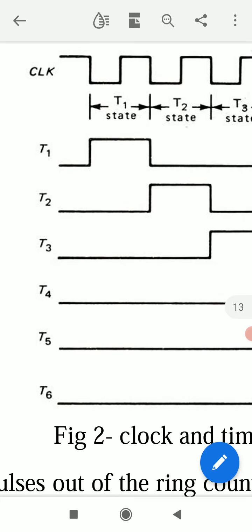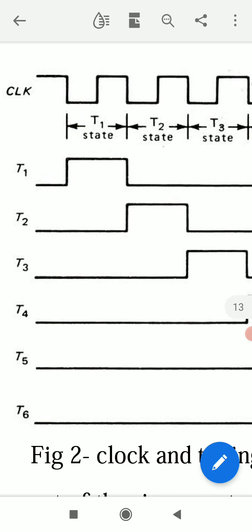These are 6 T states: T1, T2, T3, T4, T5, T6. In T1 state, T1 is 1 and T2, T3, T4, T5, T6 are 0.